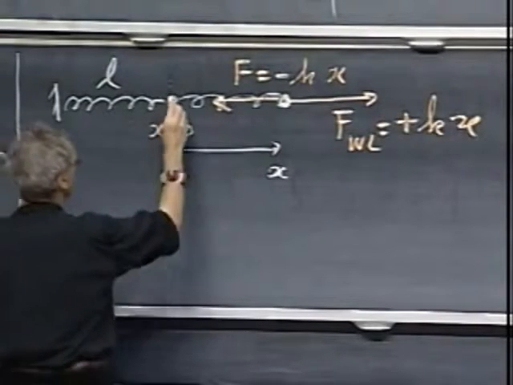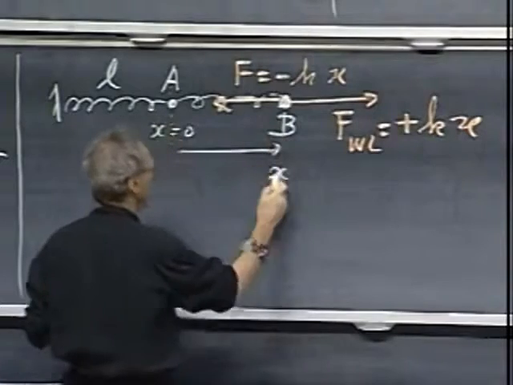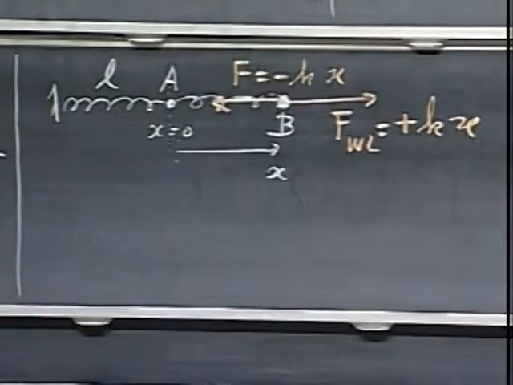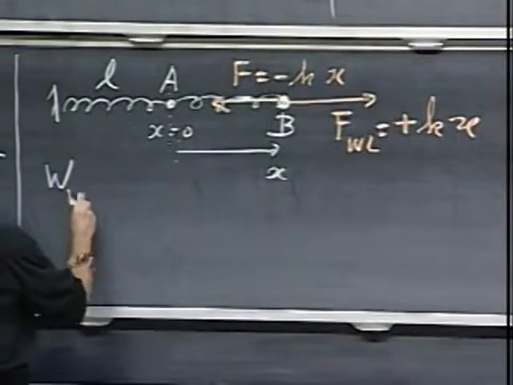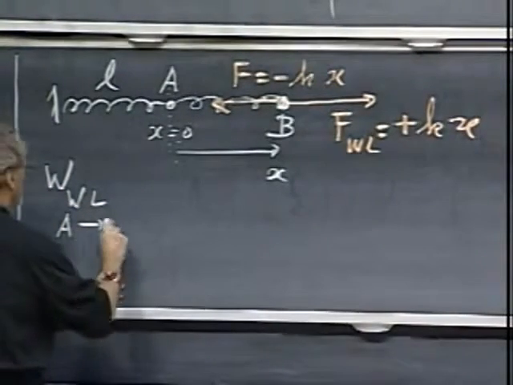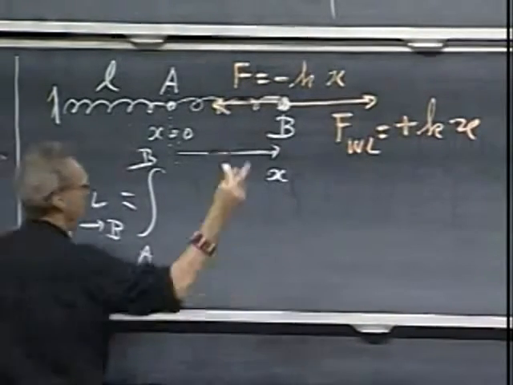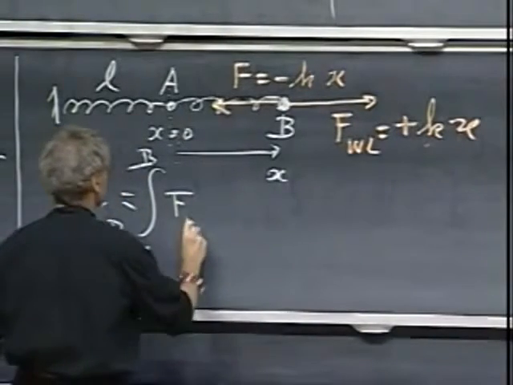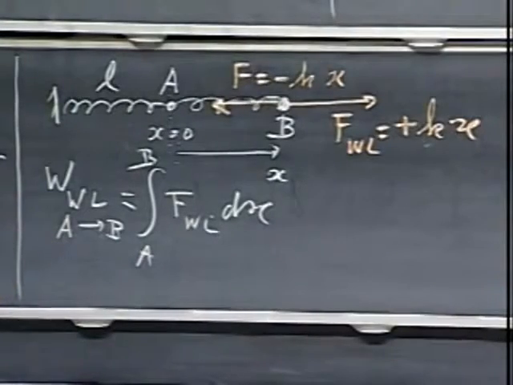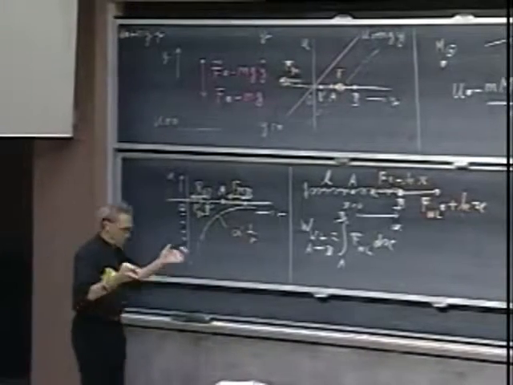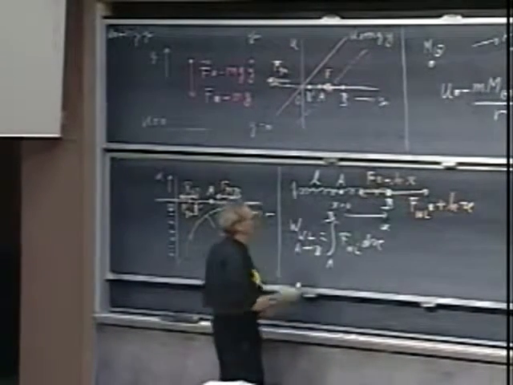If I call this point A at x equals 0, and this point B at x equals x, then I can calculate the work that I have to do to bring it from A to B. So the work that Walter Lewin has to do is the integral from A to B of my force dx. It's a dot product, but since the angle between the two is 0 degrees, the cosine of the angle is 1, so I can forget about the fact that it's a dot product.